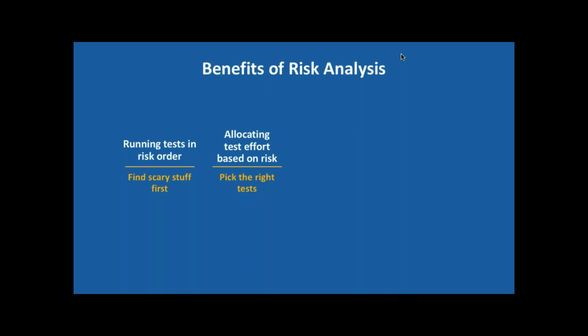It allows you to allocate the test effort based on risk, so you can pick the right test that you're going to execute. In my many years in QA and software testing, it always amazes me when I ask an individual, they will share with me what their plan is and the sequence in which they're going to execute their test.